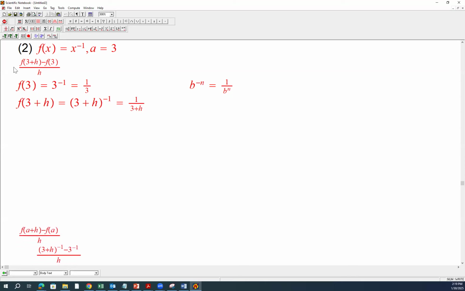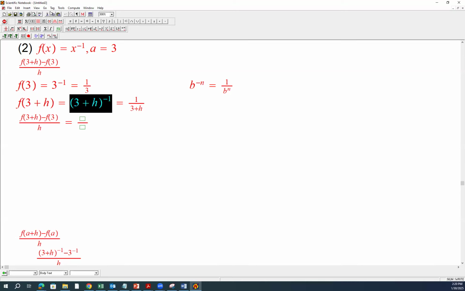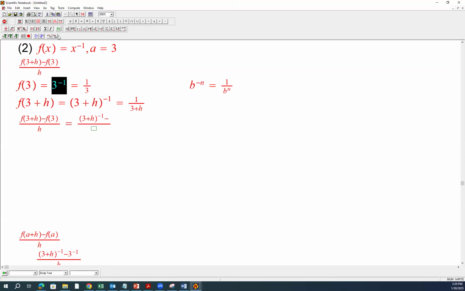Next, we're going to compose f of 3 plus h minus f of 3, divided by h. So now we got the numerator: f of 3 plus h, that's 3 plus h to the power negative 1, minus 3 to the power negative 1, and divided by h. Now you say, how do we reduce that?